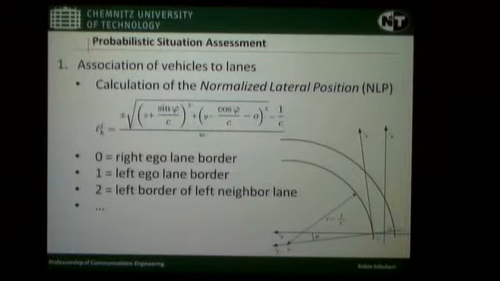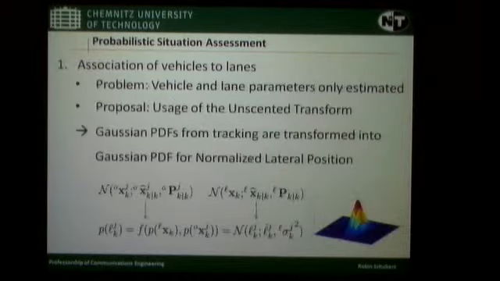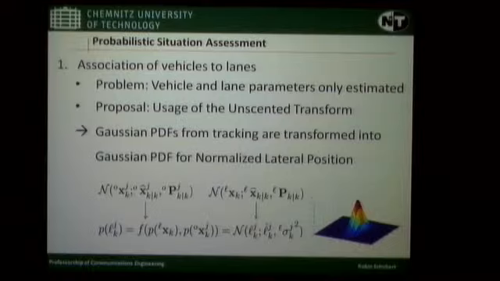So in a rule-based system, you would calculate that distance. You would say, if this is between 0 and 1, then I assume that the vehicle is on my lane, for example. Now, as I said several times, we have the problem that we don't know where the lane is and where the vehicle is. We only have estimates. And that's why we propose to use the unscented transform. Probably most of you know that. This is a way to transform probability distributions in a nonlinear manner, or to approximate this transformation.